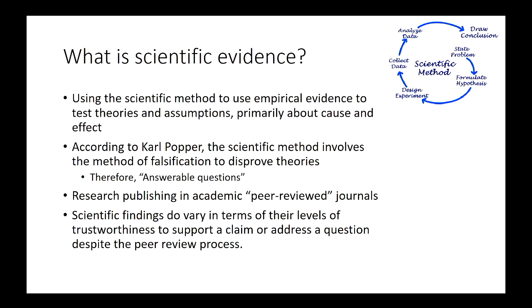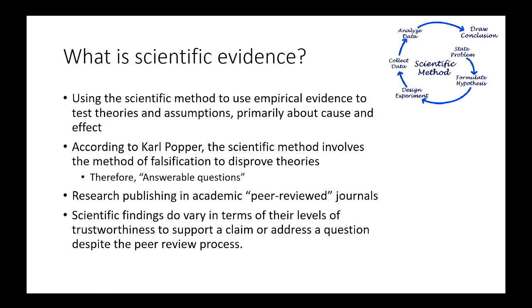According to philosopher of science Karl Popper, the scientific method involves falsification. What does falsification mean? Trying to find evidence to disprove theories or assumptions, which is why you need answerable questions, questions that can be tested against. Sometimes the questions cannot be tested.